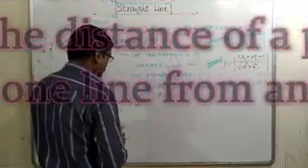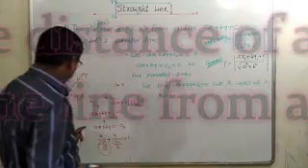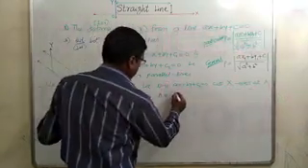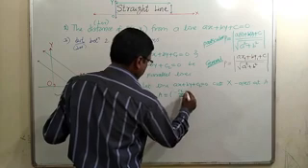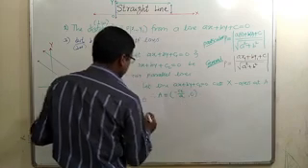Therefore, A is minus c2 upon a, comma 0.